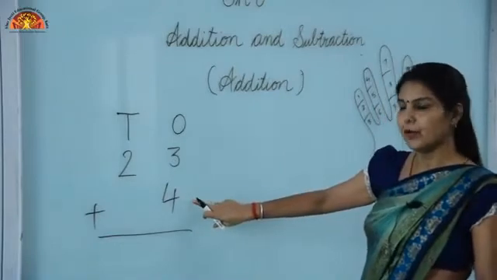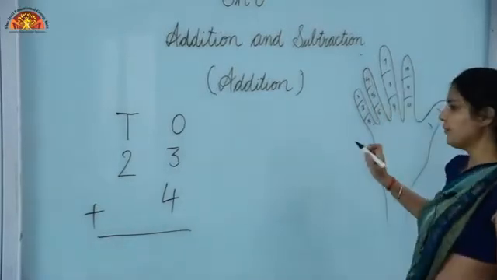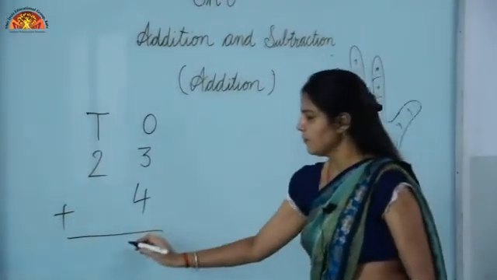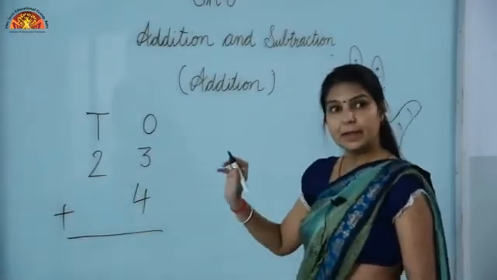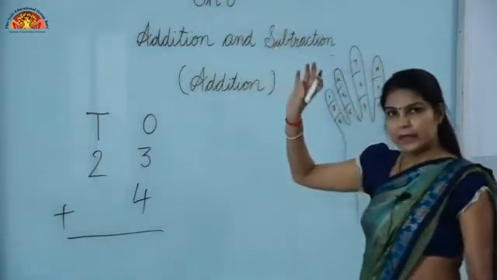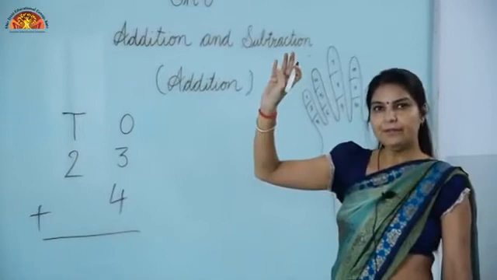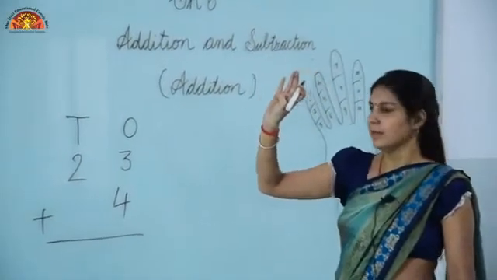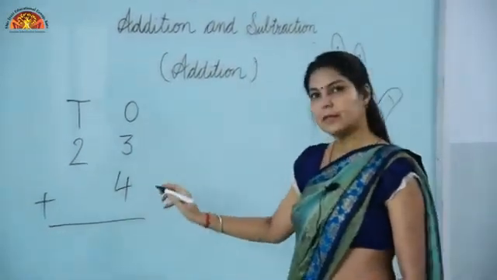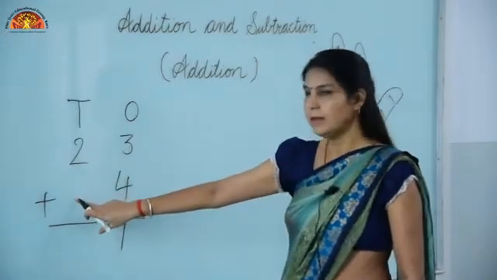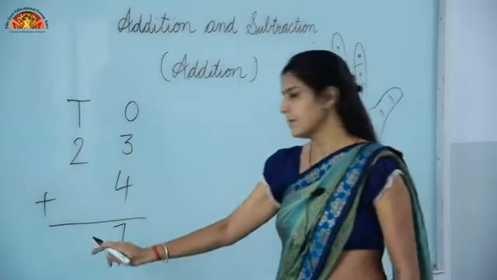This is 4 and move forward 3. After 4, 5, 6 and 7. So what do we get as the sum here? Look here again. After 4 we will start counting 5, 6 and 7. So what is the sum of these numbers? This is 7. And here is no other number, so we will write 2 as it is.